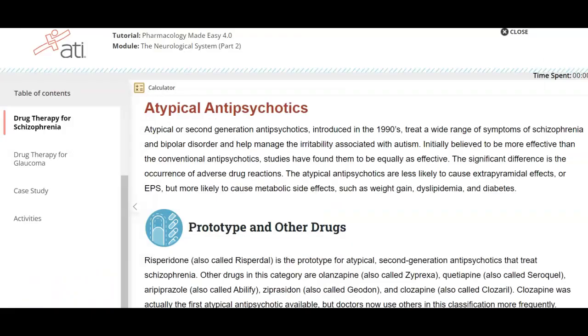I'm going to switch back to ATI for just a second to show you that we do have atypical antipsychotics. They work like the conventional antipsychotics, however, they have a major significant difference, and that is the occurrence of the adverse drug reactions. The atypical antipsychotics are less likely to cause the extrapyramidal effects.